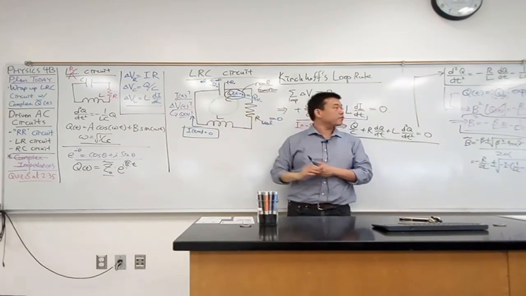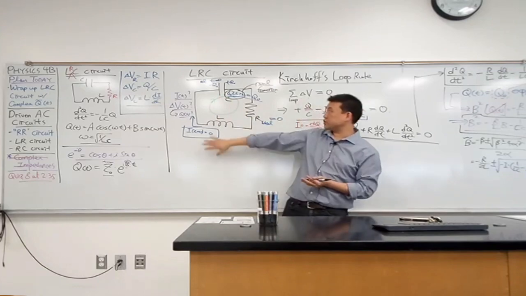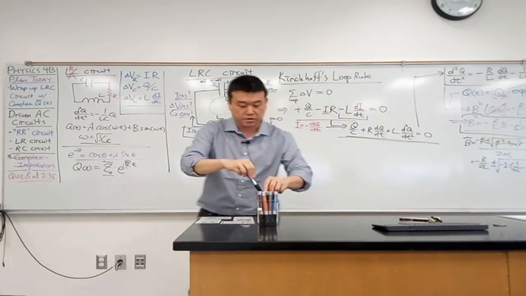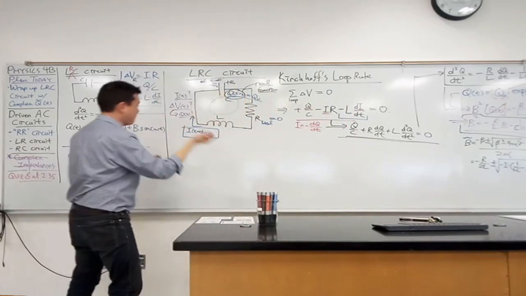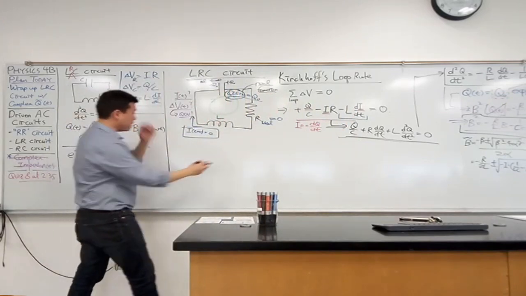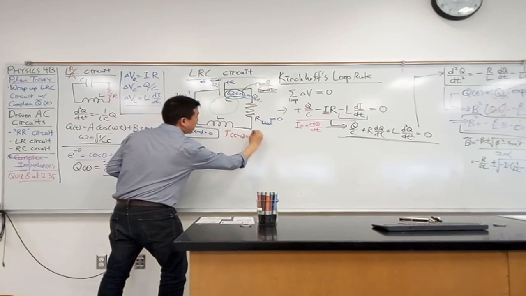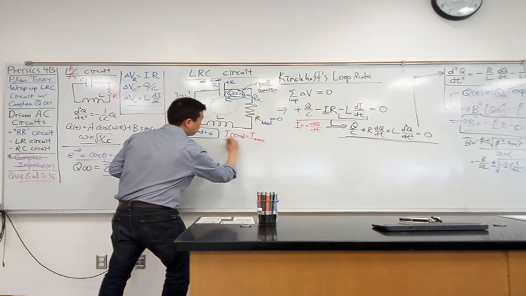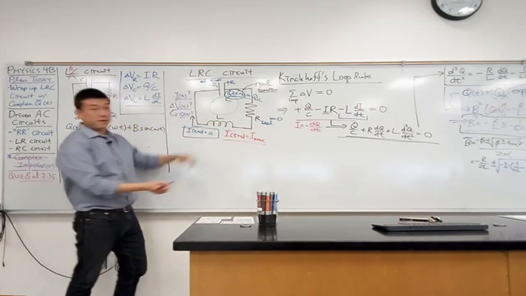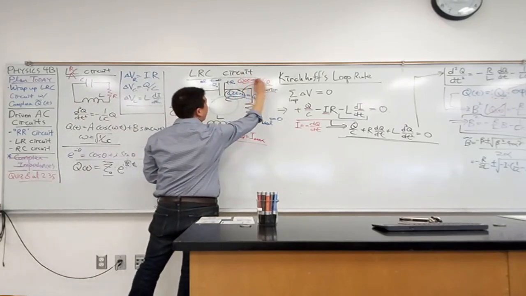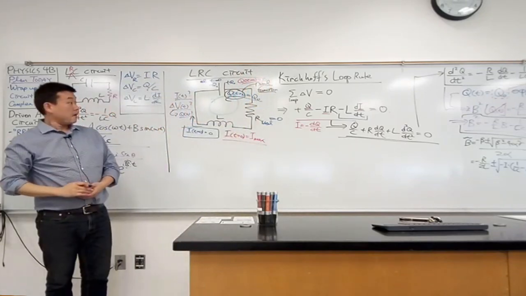Now, when you try to come up with a solution that matches this new initial condition, let me do it in red, where you say current at time equals 0 is your maximum current, so all the energy is in the inductor, and the charge at time equals 0 is 0, no energy on the capacitor.